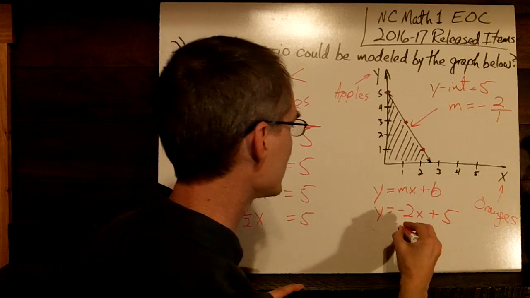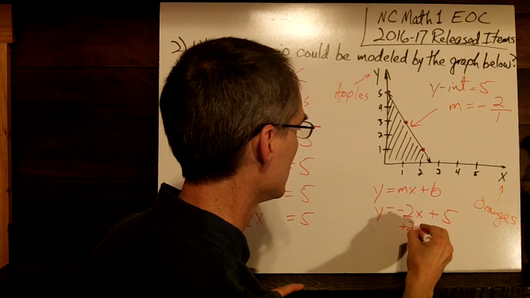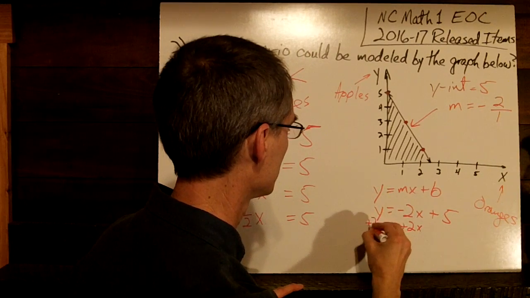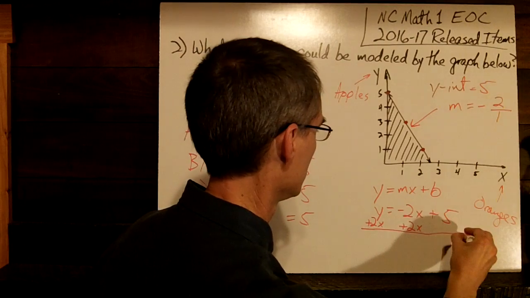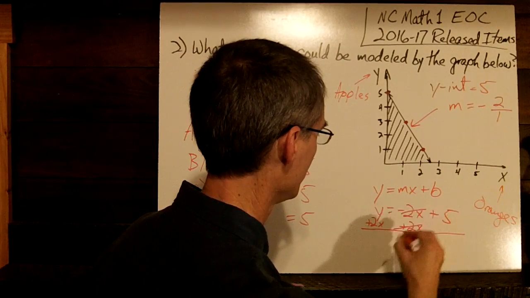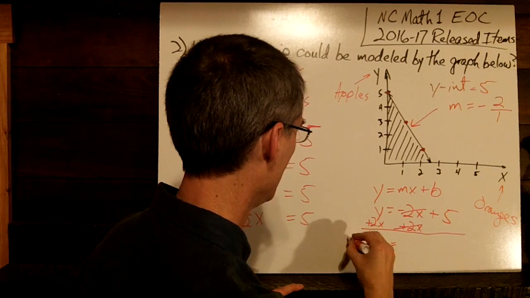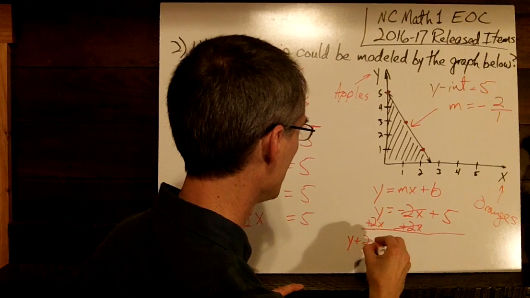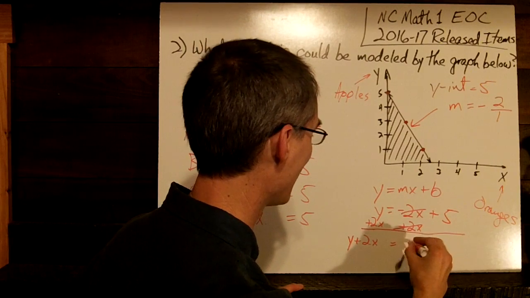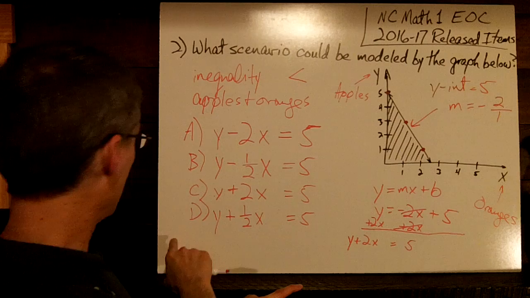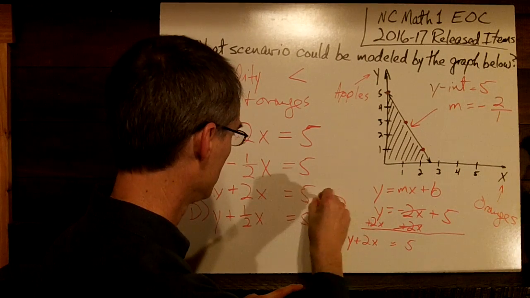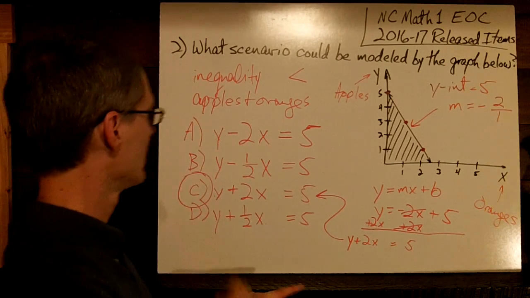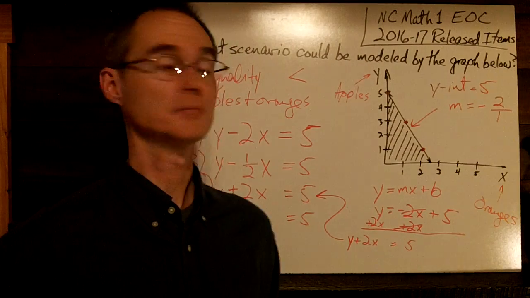So if I add 2x to both sides of the equation, then my 2x's go away on this side, and I've got y plus 2x on this side, and I've got 5 on this side, and boom. That matches answer choice C.